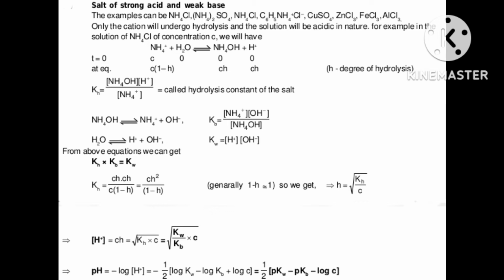Again, reading the question: determine the degree of ionization and pH of 0.05 M ammonia solution. The ionization constant of ammonia is given. Also calculate the ionization constant of the conjugate acid of ammonia.